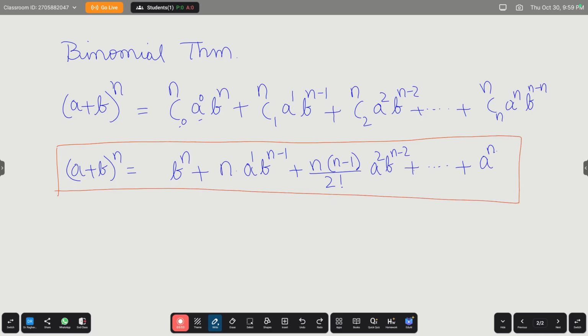Keeping this in mind, let us try to derive the mean of binomial distribution.